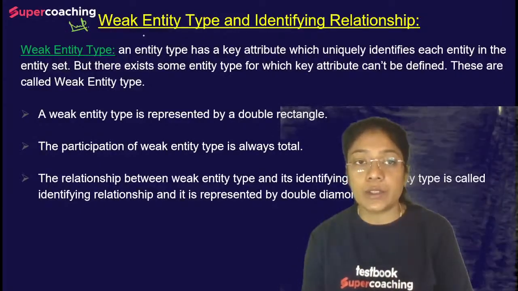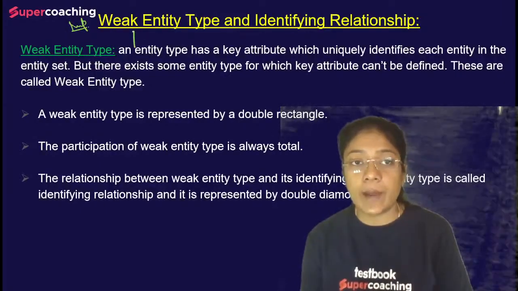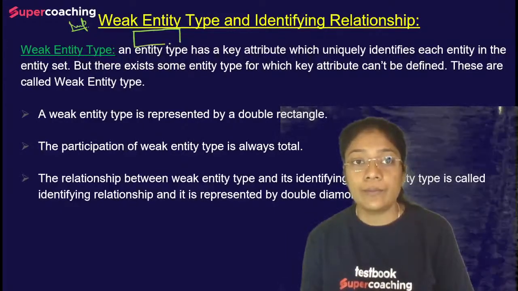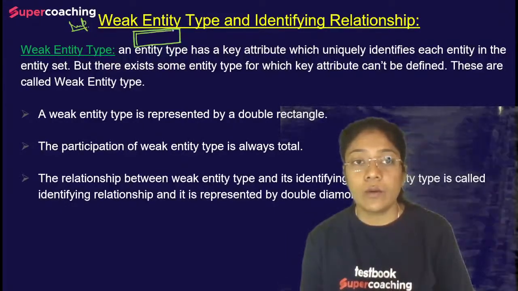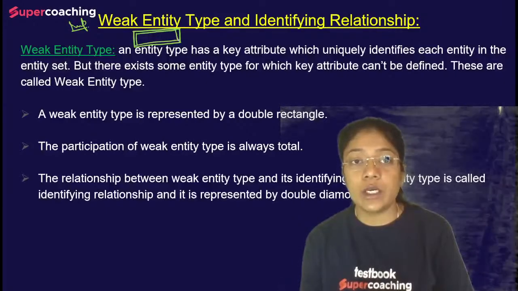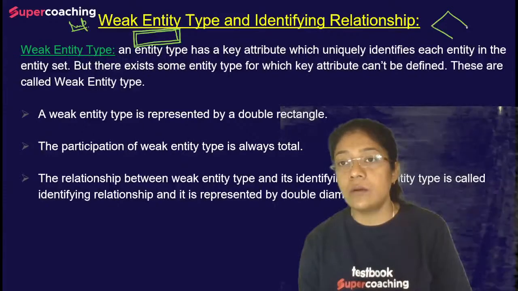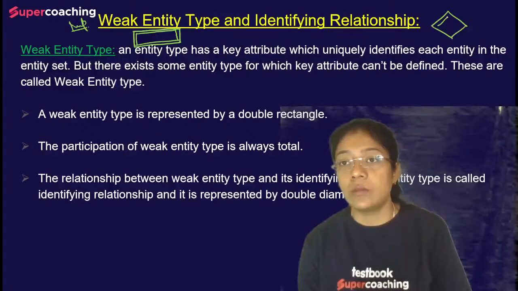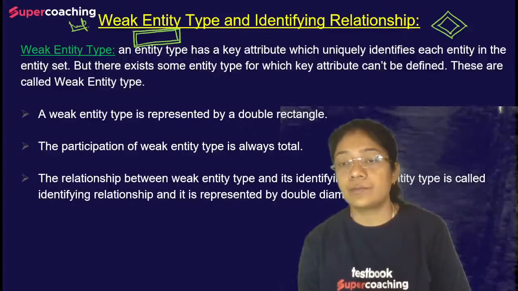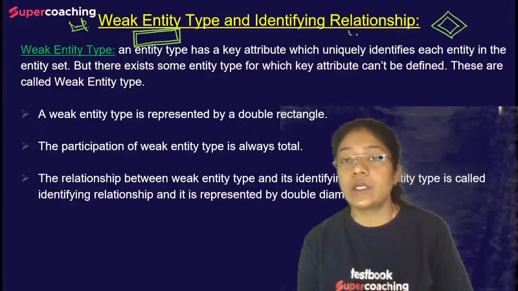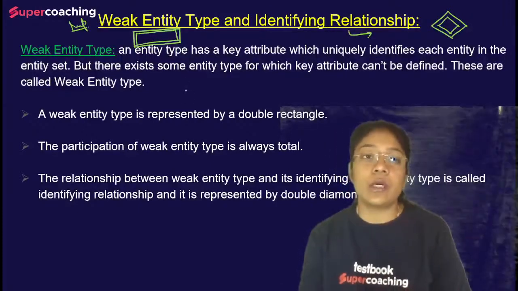We have seen the representation. Weak entity is represented by double rectangle, whereas the identifying relationship is represented by double diamond. This is the representation used for identifying relationship.